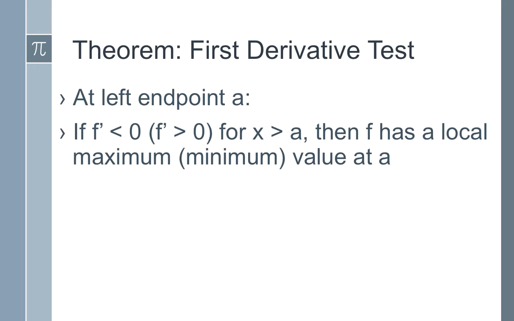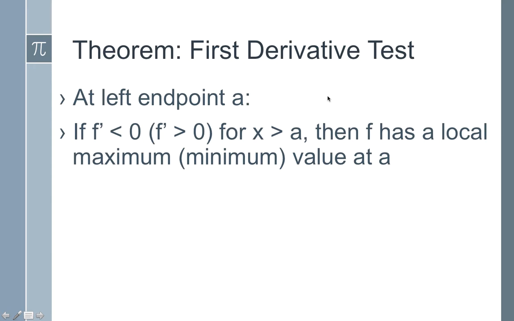Notice the parentheses coincide with each other. If f prime is greater than 0, then it's a minimum. So basically saying, if the derivative is negative on the right side of the endpoint, then that endpoint is a maximum, and that makes sense.